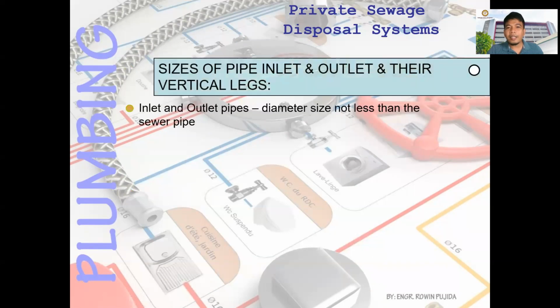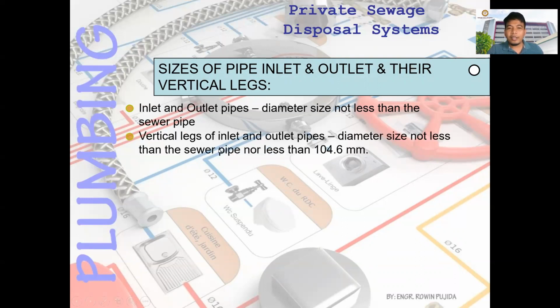So next is the sizes of pipes, inlet and outlets under vertical legs. So inlet and outlet pipes, diameter size not less than the sewer pipe. But in the construction, we will just use the 4 inches diameter for inlet and outlet pipes, since the standard dimension for the waistline used in construction is 4 inches in diameter.